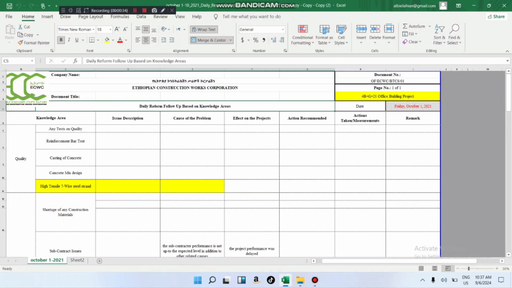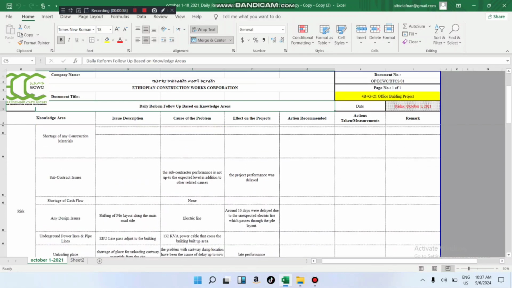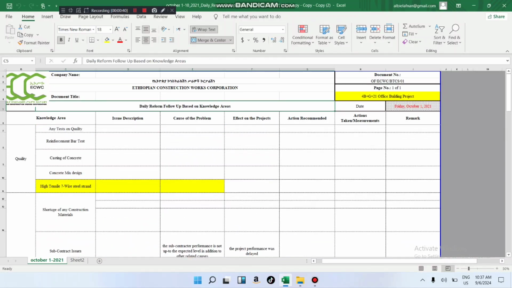a report for the delay, including the date, what the problem is, and what the issue is. Then you have to ask for an extension of time if the delay pushes you over the contract time.